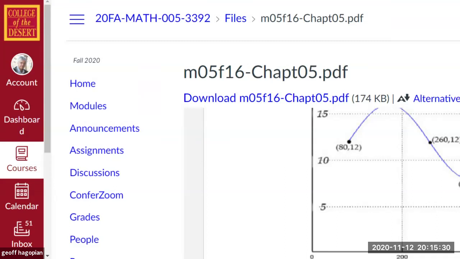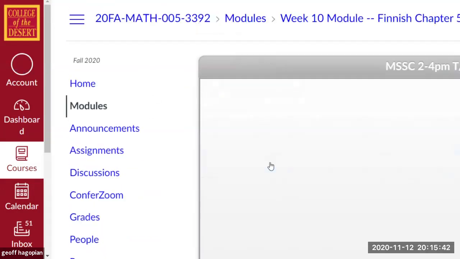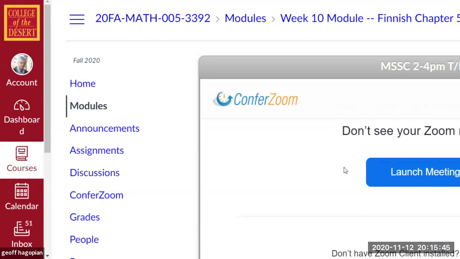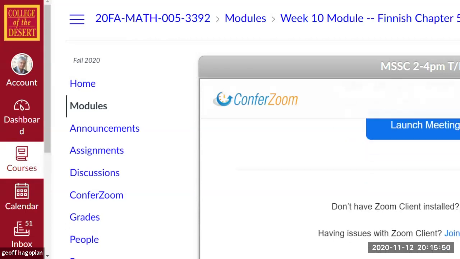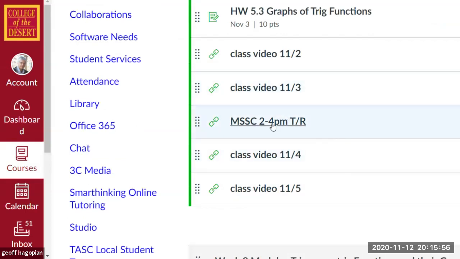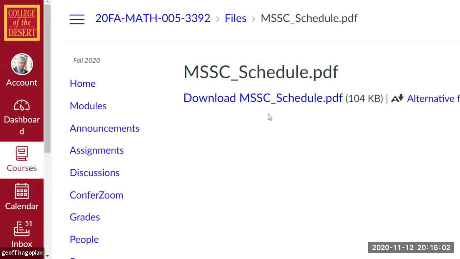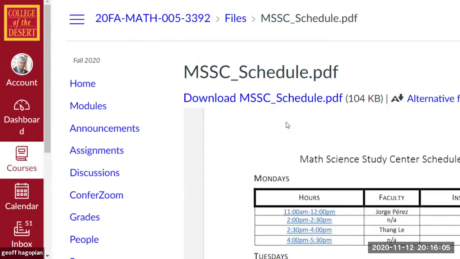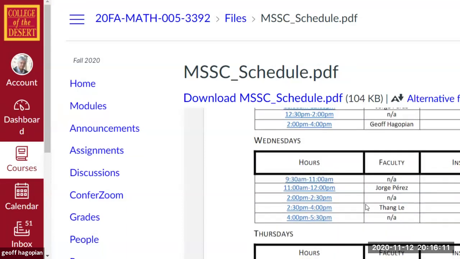All righty. Okay, so there are instructions, I think, somewhere here for how to join me in the Math Science Study Center. Where is that? Here, right? So if you click on that, oh, it wants to actually launch the meeting. That's crazy. No, I don't want to launch a meeting. What did I do? Oh, this must be an actual hyperlink to that, right? I put the schedule here, but that hyperlink will actually take you right there. And you can see that there are people available there at all times of the day, right?